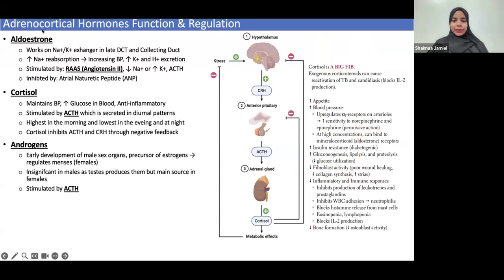the aldosterone, like each hormone, so aldosterone, it basically works on the sodium-potassium exchanger. So it's going to increase sodium absorption and increase potassium excretion.